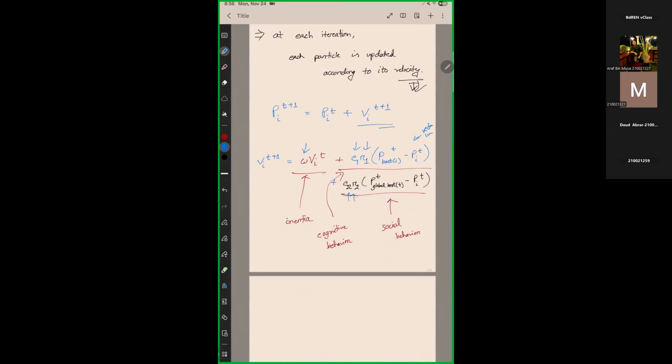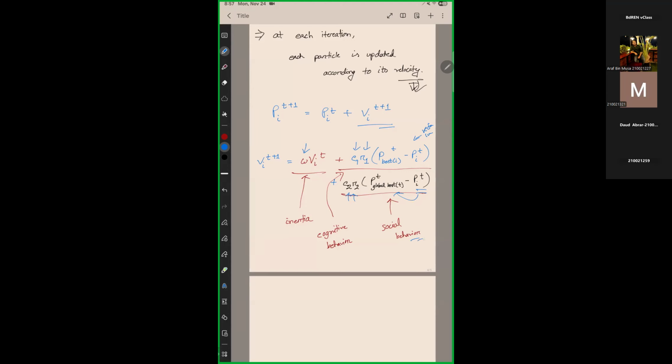The last part is C2 R2. Again, two other coefficients. We'll discuss them a little bit later. They are actually modifying the global best from its current position. What is the global best? It is going to move the particle in that direction. The global best till that time period. So that is the social behavior.